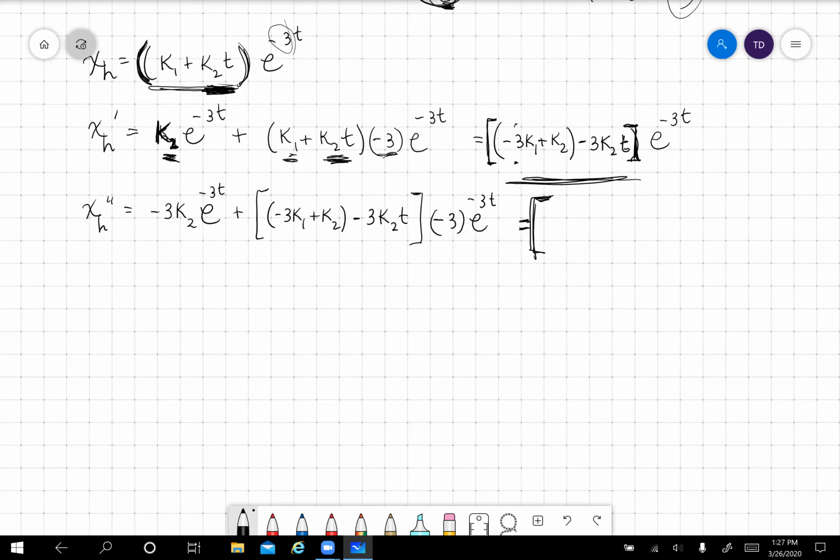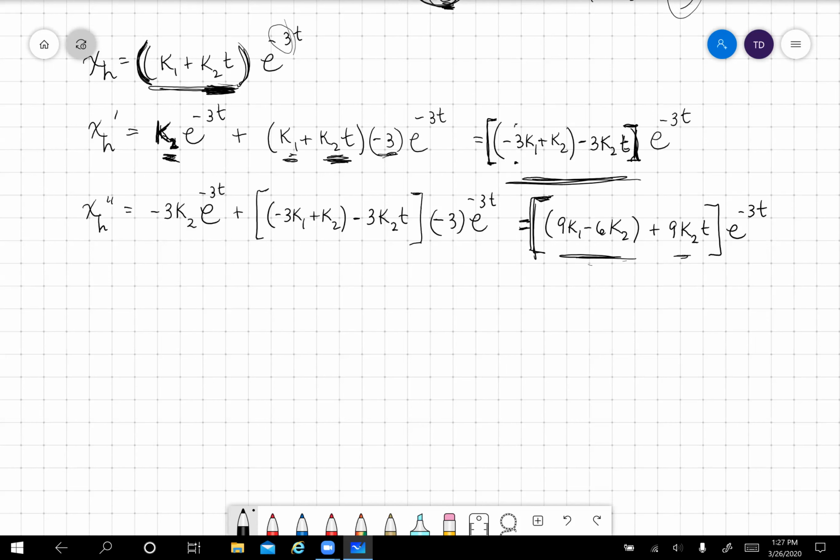I'm just going to tell you right now from my notes here, this is 9K1 minus 6K2 plus 9K2t, all of that times e to the minus 3t. It's always going to be a constant plus a constant times t times e to the minus 3t. Okay, those are the three terms.